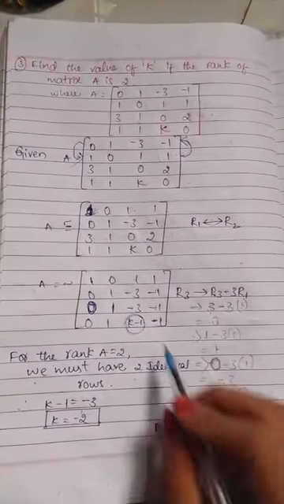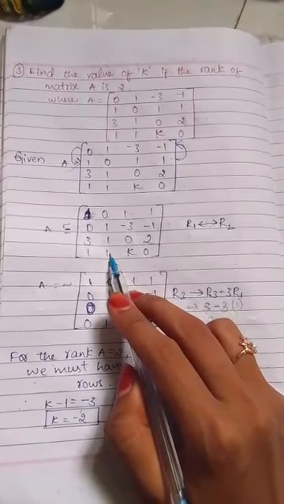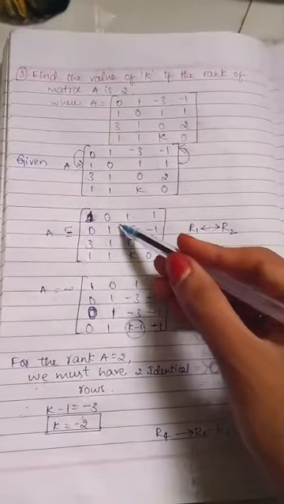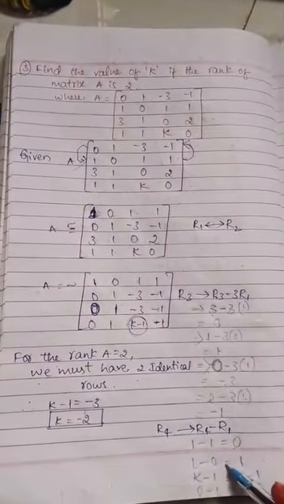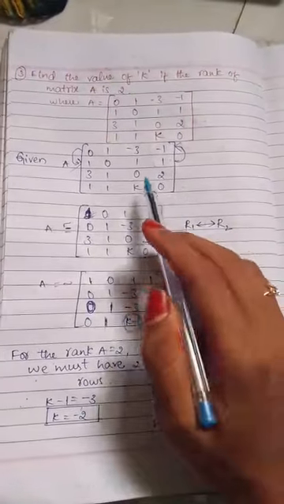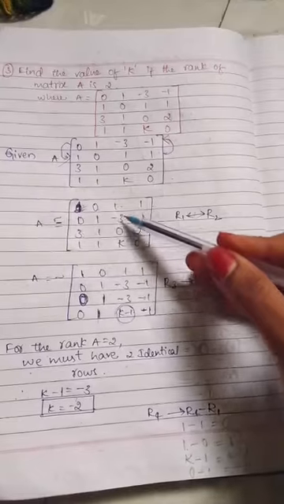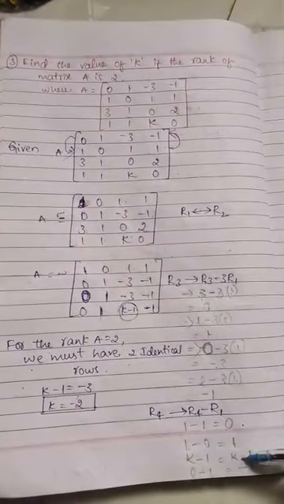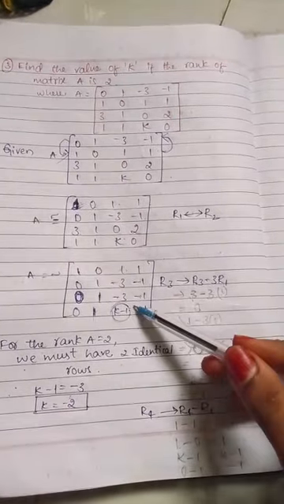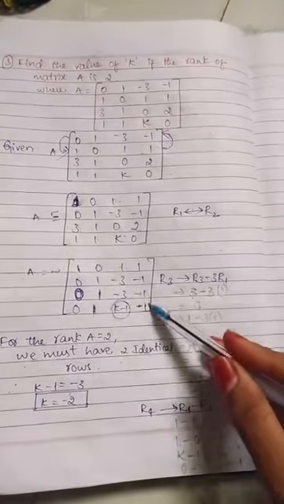Again R4 is 1 and R1 is 0. 1 minus 0 is 1. Change the value to 1. And again I have R4 here, that is k. R1 is 1, k minus 1, that will be the same, k minus 1. And R4 is 0, 0 minus 1, that will be minus 1.